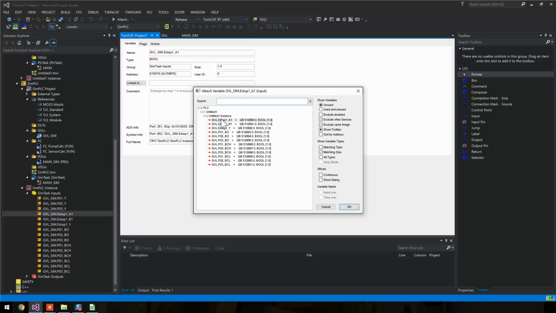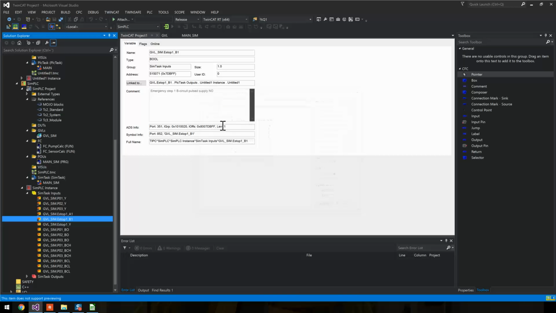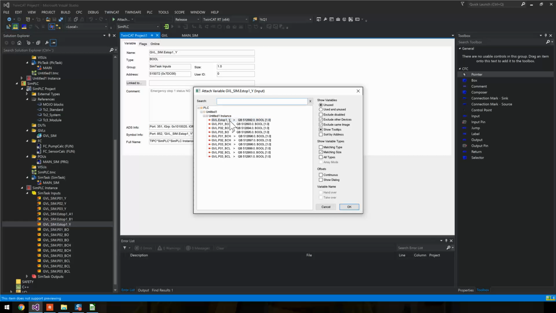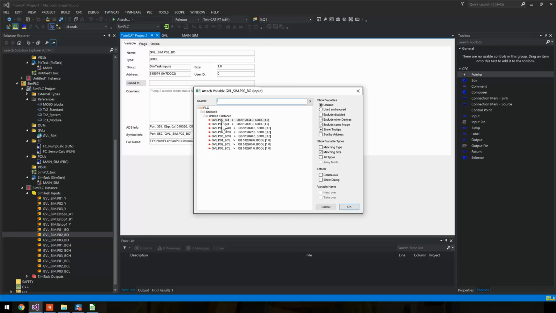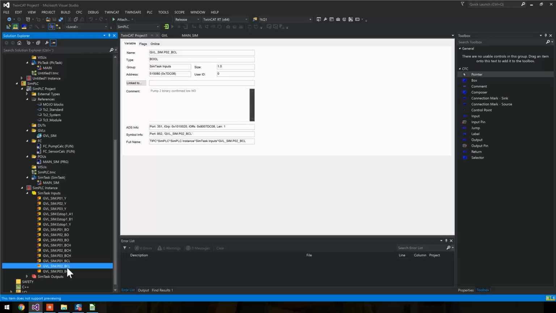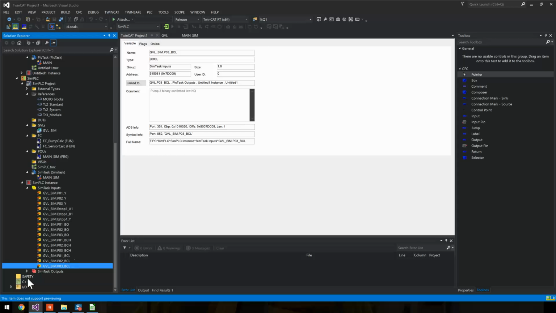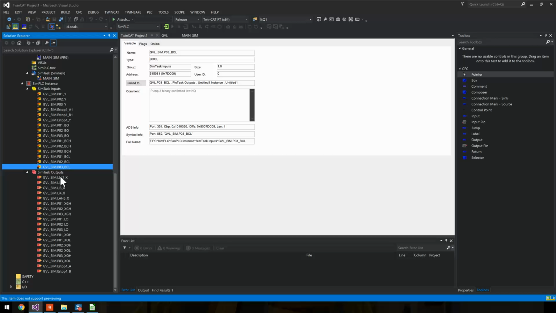Let's just map all of them, in case we want to simulate the remote controllers. And then the pumps, binary confirmed low, and all of these.